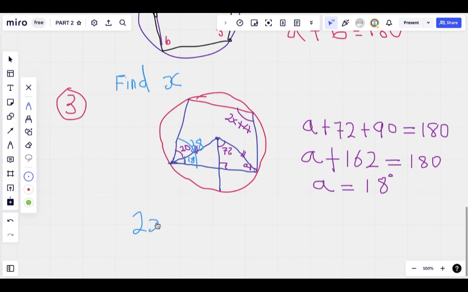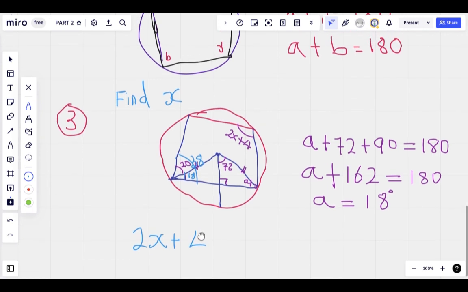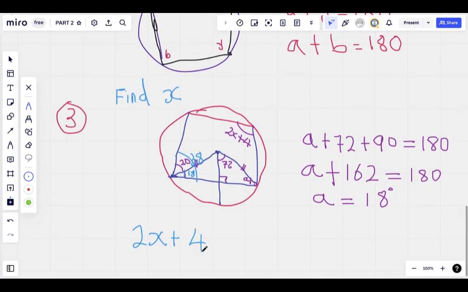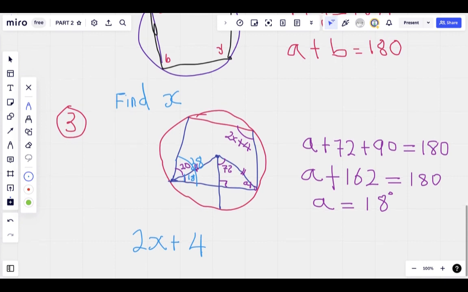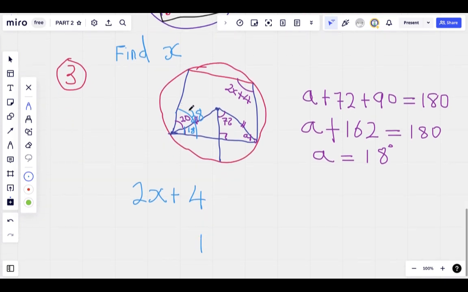So what is on this angle? On this angle is 2x plus 4. So I write down 2x plus 4. That's what is on this one angle of this cyclic quadrilateral. Then the other angle, the one facing it, is 38. So I will say plus 38.